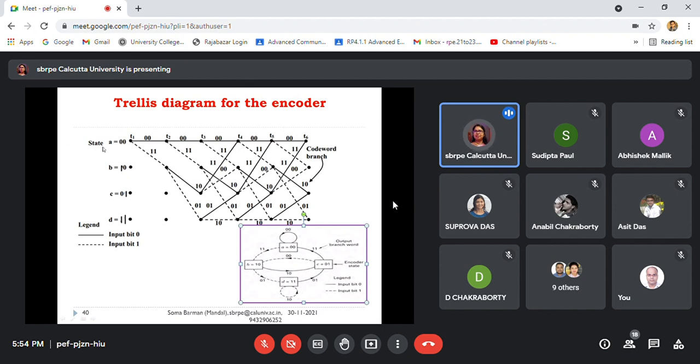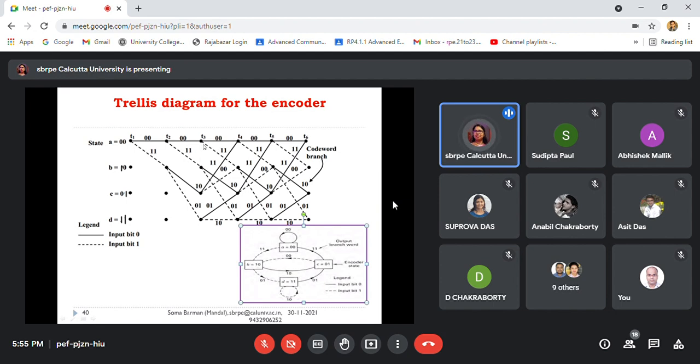In the first stage, how many paths diverge? 1 and 2. In the second stage, how many paths diverge? 1, 2, 1, 2, so 4, which is 2 to the power 2, because you have 2 nodes here. In the third stage, how many nodes? 1, 2, 3, 4. So 8 paths diverge.